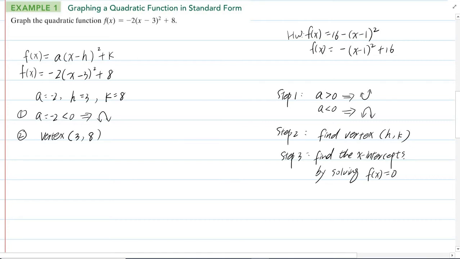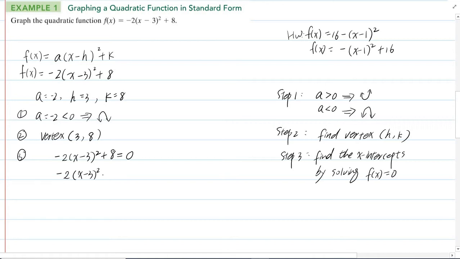Find the x-intercepts by solving f(x) equals 0. Go ahead and set this whole thing to 0: -2(x - 3)^2 + 8 = 0, but I'm just going to write 0 on the right-hand side so that it is easy for us to solve. This is basic algebra.